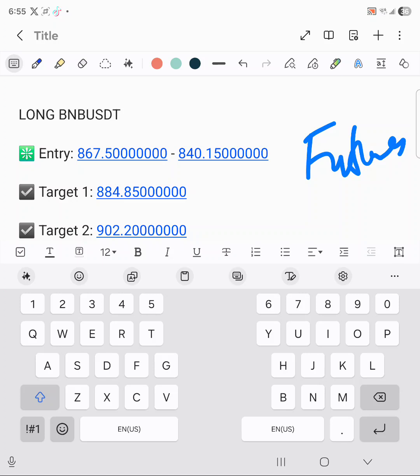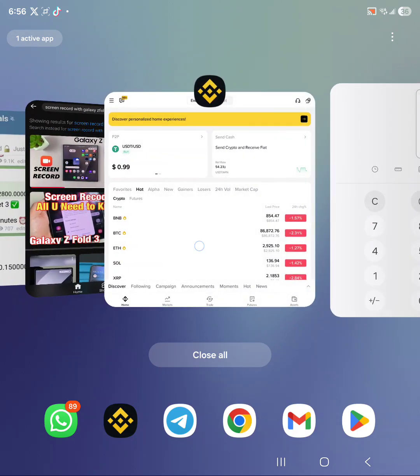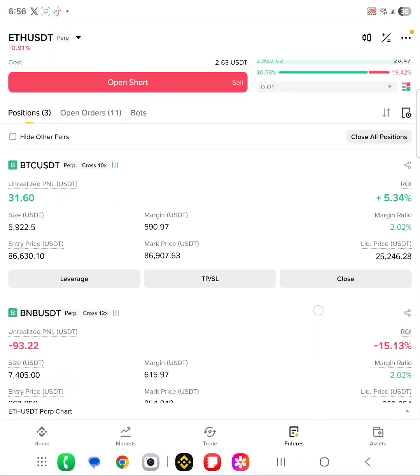You put it in the futures, and you predict whether the market will go up. For example, this long says that I'm predicting that the market will go up, and at the moment, the market is not up. In fact, let me just show you the trade. The market is not up at all.